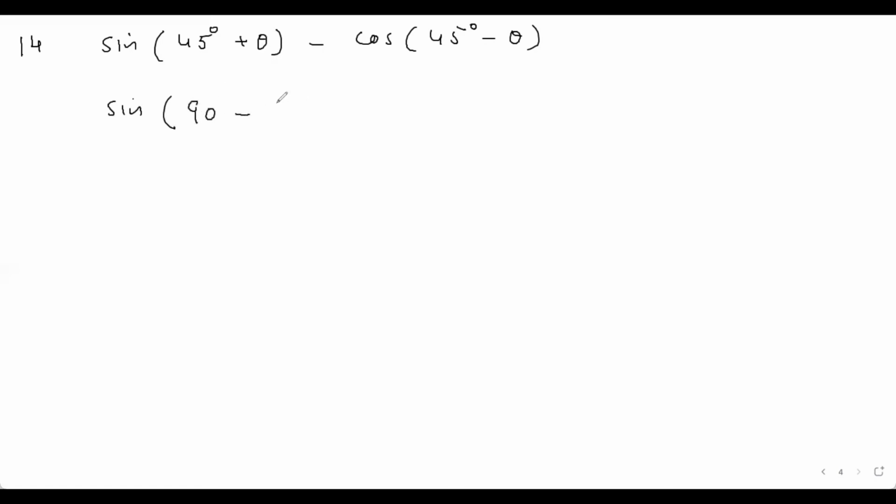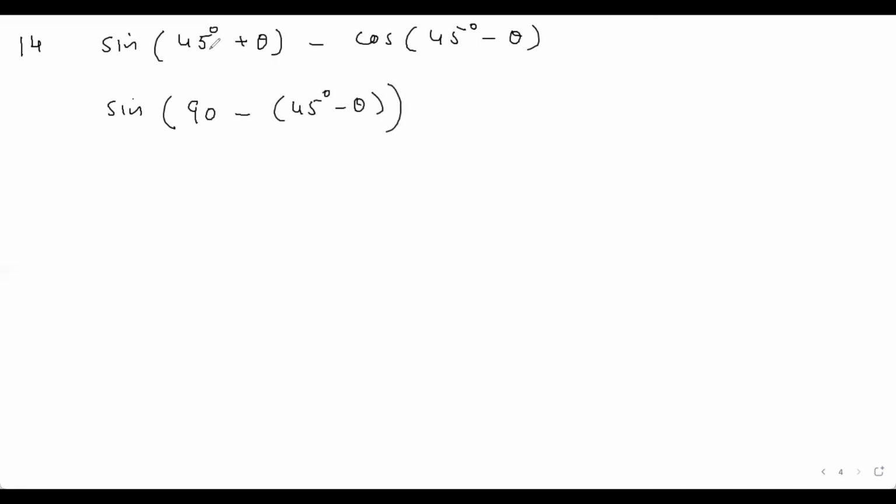Now I'm going to solve the 14th sum of this exercise. Sine 45 degree plus theta minus cos 45 degree minus theta. This is equal to what? Find the value of this. Now this is sine 45 degree plus theta, 90 minus 45 degree minus theta.